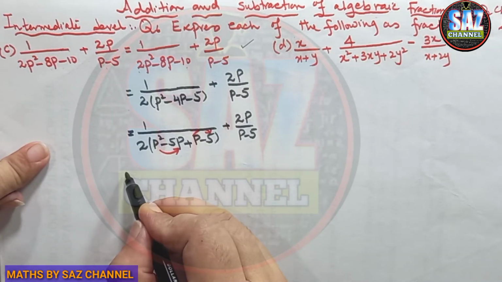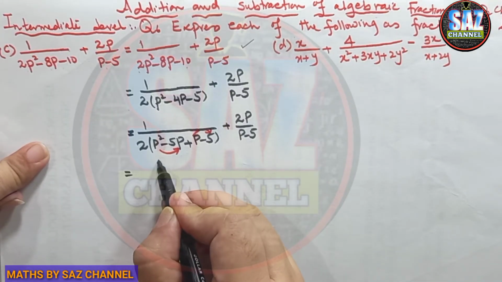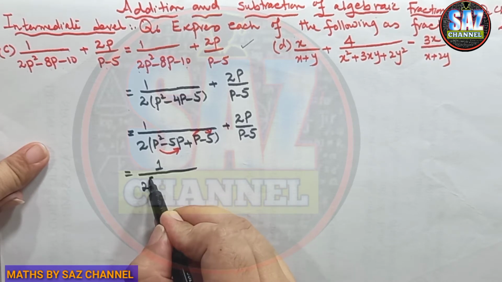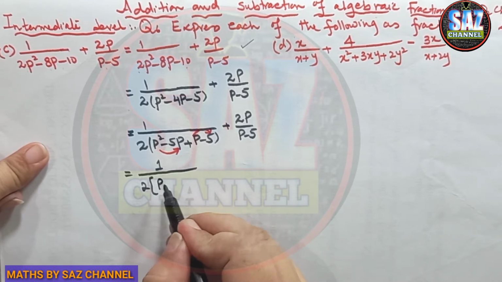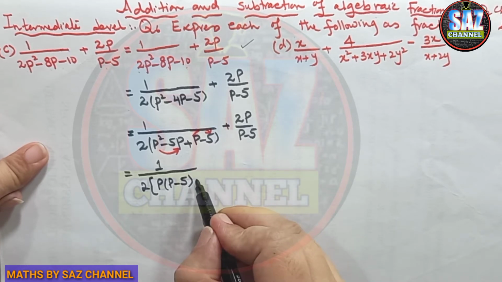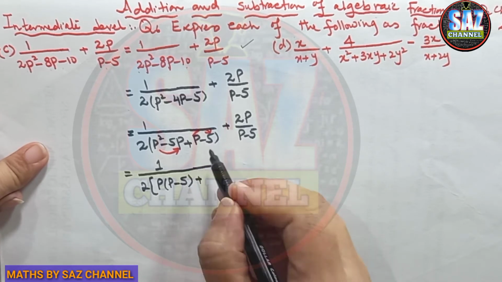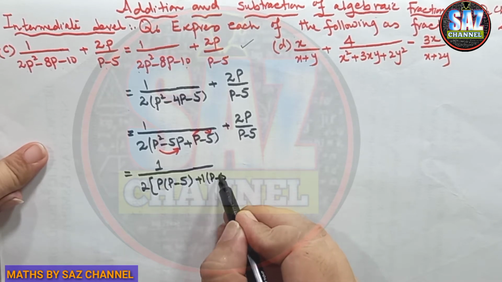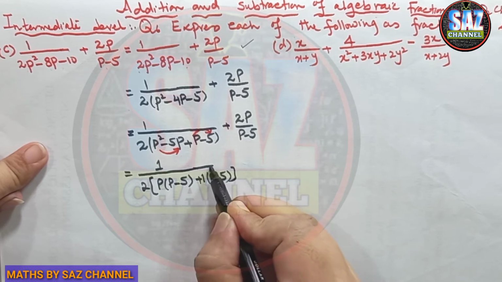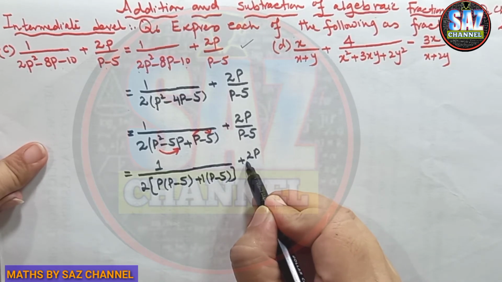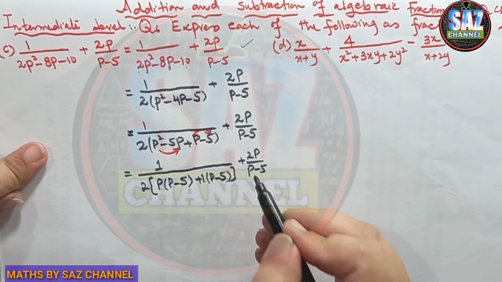So in the first group, p is a common factor, p into p minus 5, plus p minus 5 is the second group. I can extract 1 out, and inside the bracket I will be left with p minus 5, and close the bracket, plus 2p upon p minus 5.